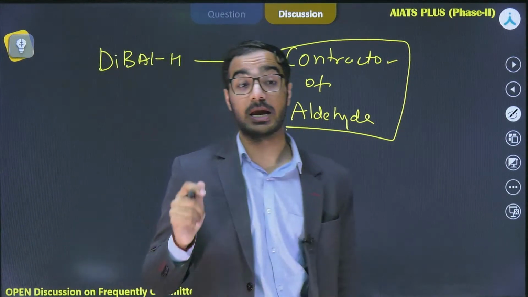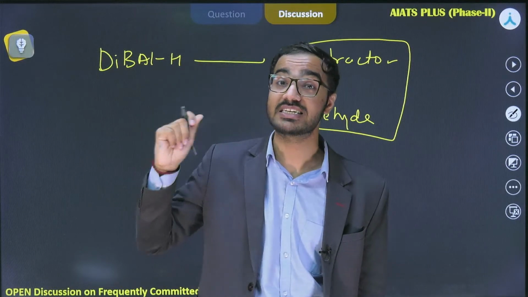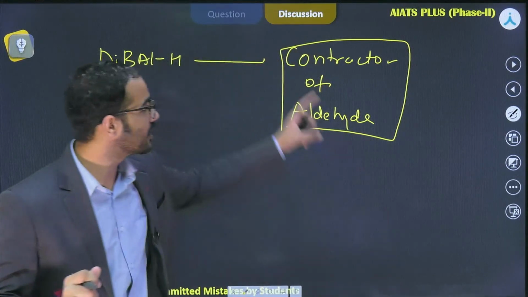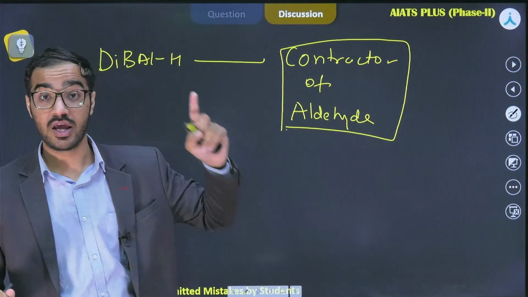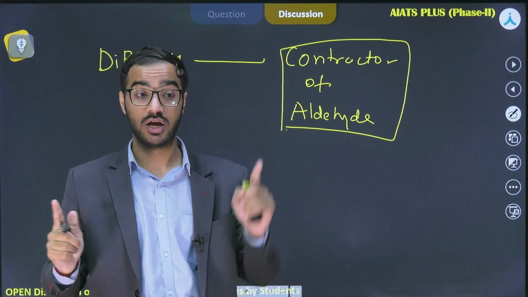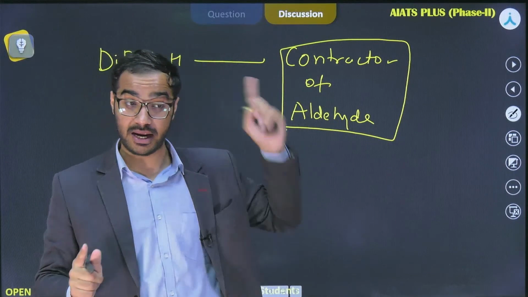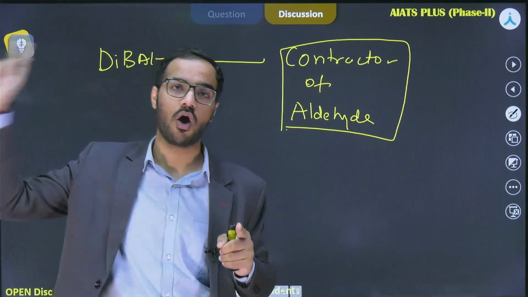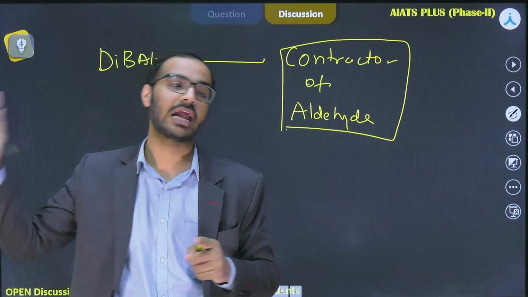DIBAL-H at minus 78 degrees centigrade can be known as a converter to aldehyde. It means whatever the reagents you are using, whatever the substrates you are taking, if you use DIBAL-H at minus 78 degrees centigrade, you will always land on the product aldehyde.